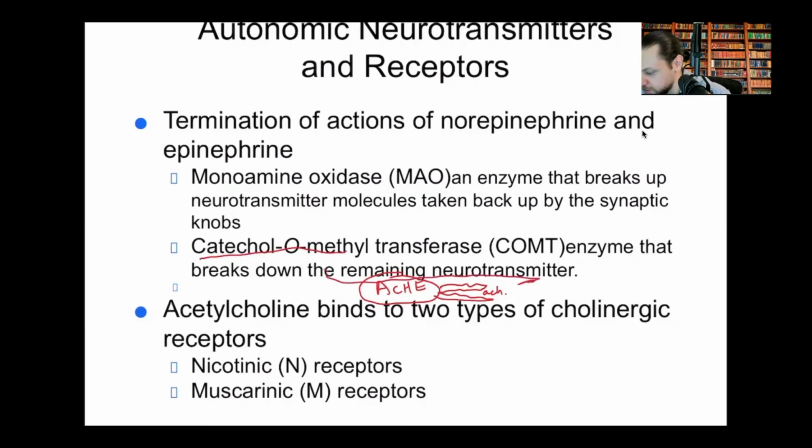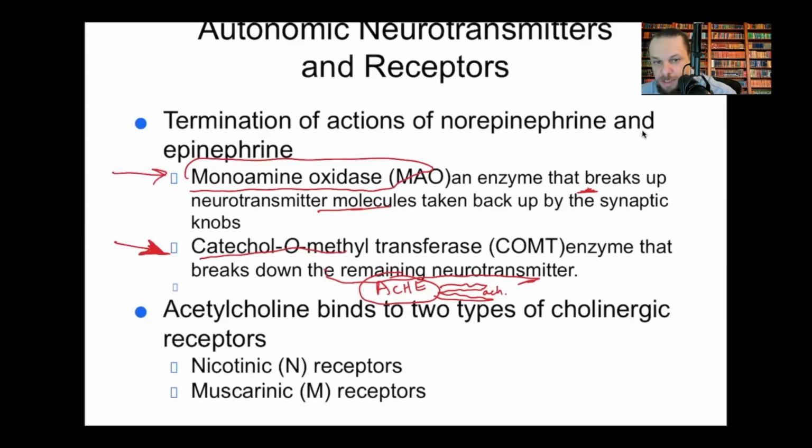And monoamine oxidase is the enzyme that breaks down the neurotransmitter molecules taken back up from the synaptic cleft. This is what takes up the initial norepinephrine and puts it back into the vesicle to be reused again.